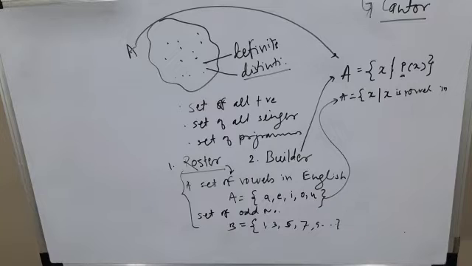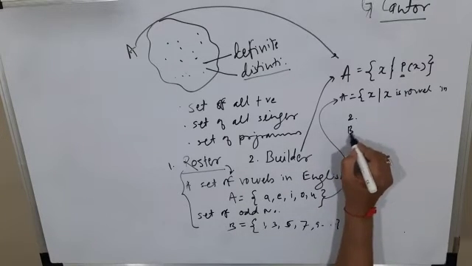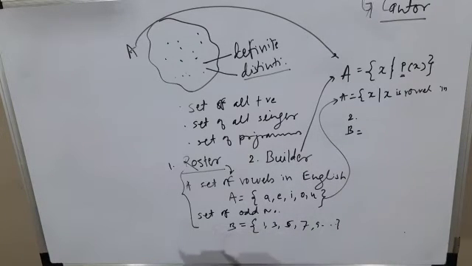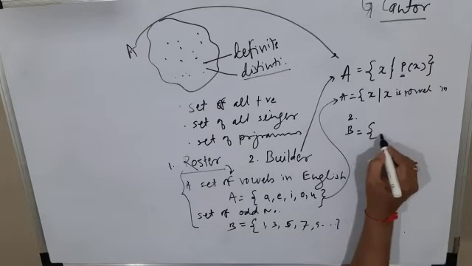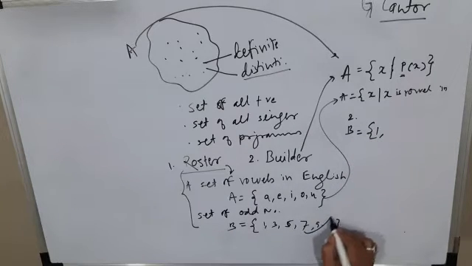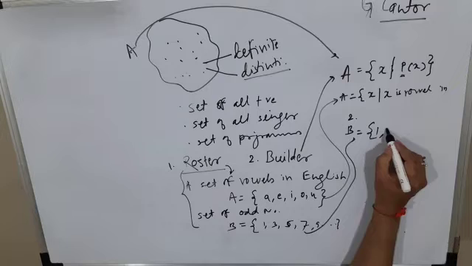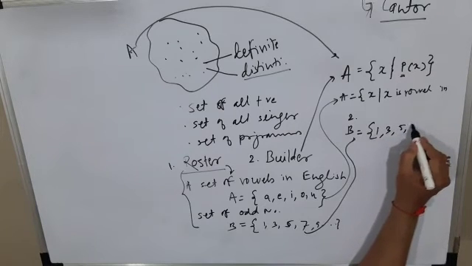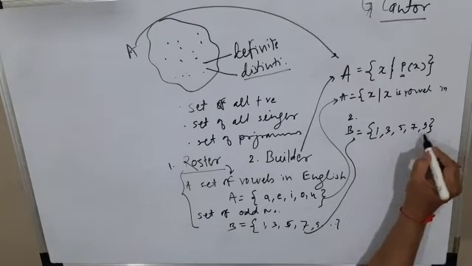Suppose I have another example for builder notation: B is the set of odd numbers less than 10. B is 1, 3, 5, 7, and 9, which is greater than 1 and less than 10.